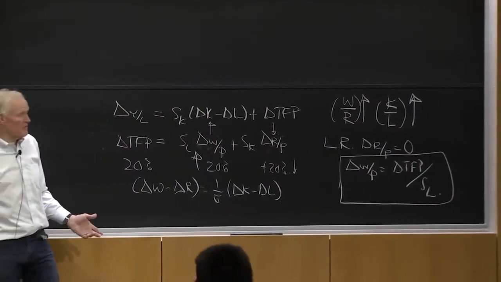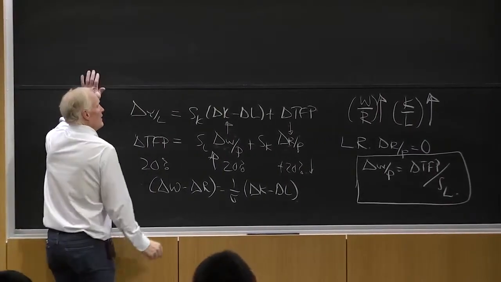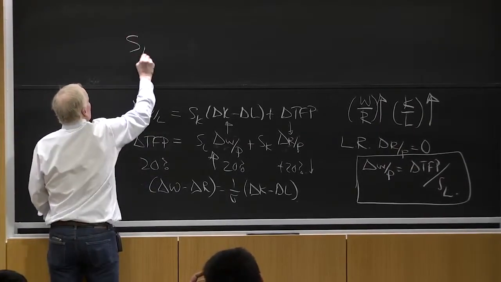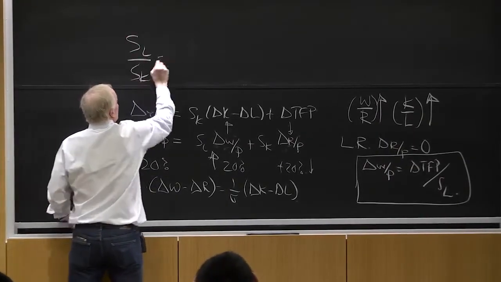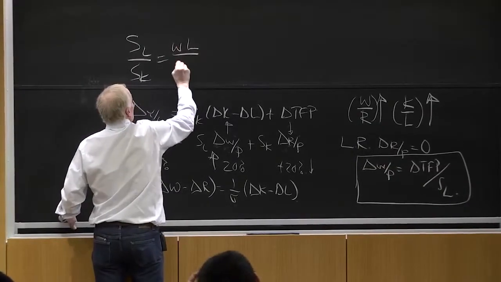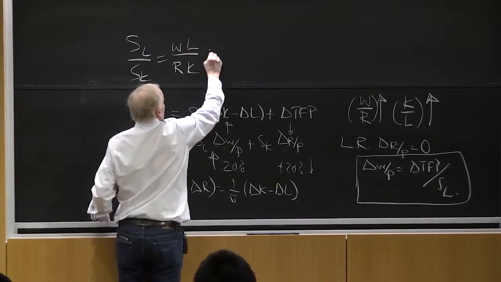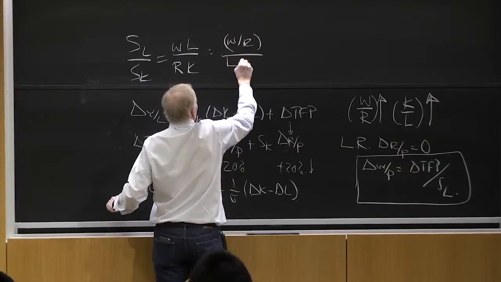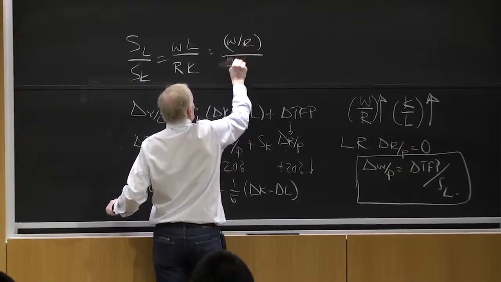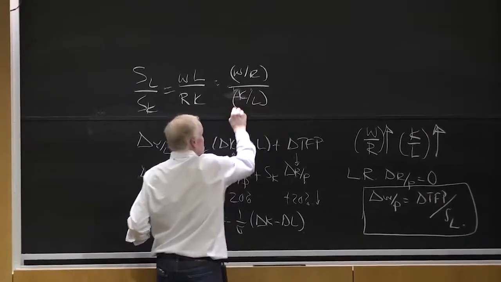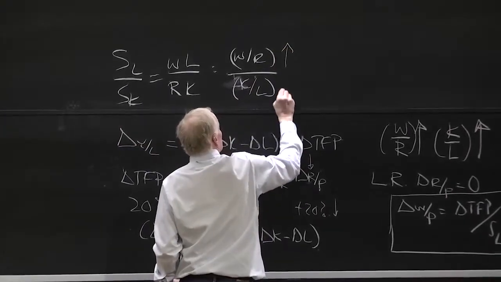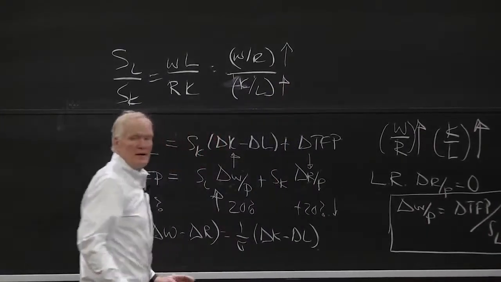Labor share relative to capital share, SL over SK, is WL over RK, which equals W over R divided by K over L. I don't know which way that's going because this is going up, but this is also going up.